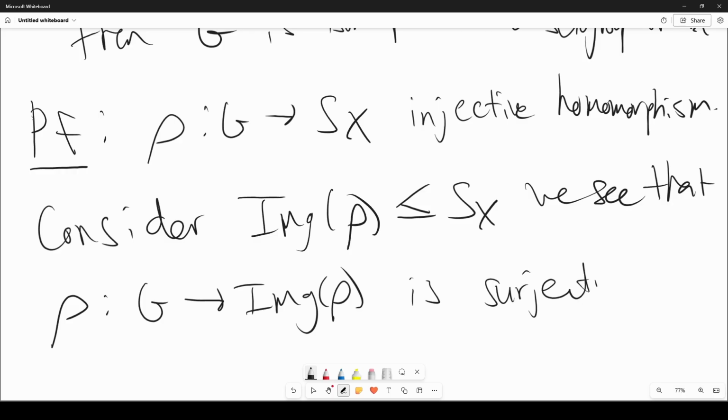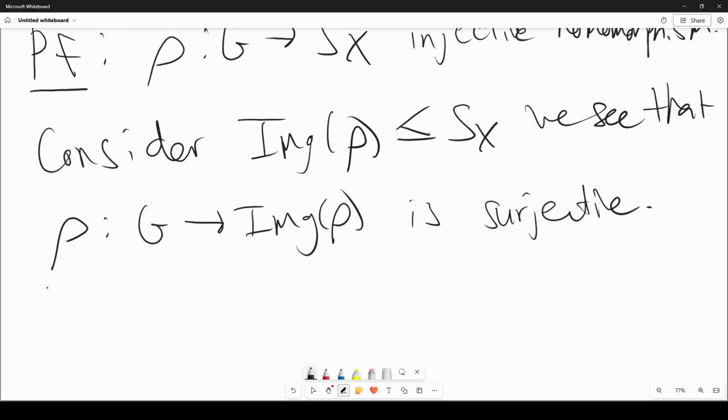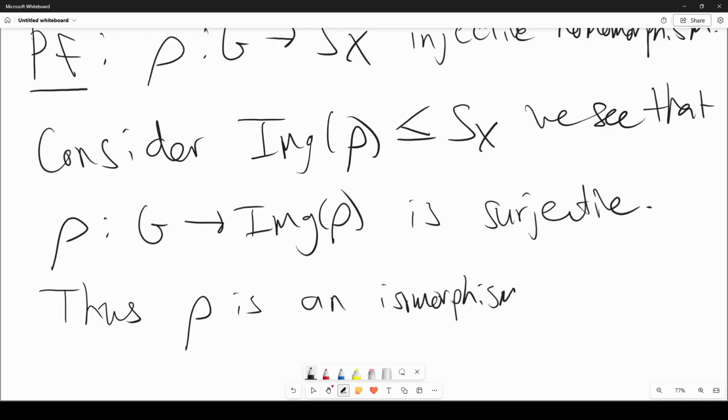Because by definition, that's just the definition of the image. If it goes from G to the image, it's got to be surjective. And that means that rho is bijective and thus an isomorphism. Thus, rho is an isomorphism of G and the image of rho. And that proves exactly what we wanted, which is that G is isomorphic to a subgroup of S_X, namely that subgroup being the image of rho.